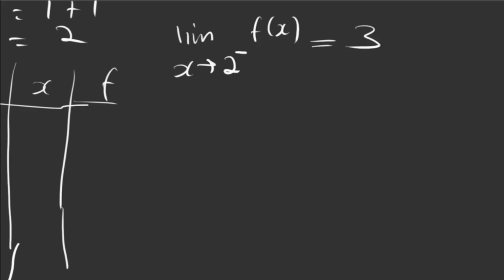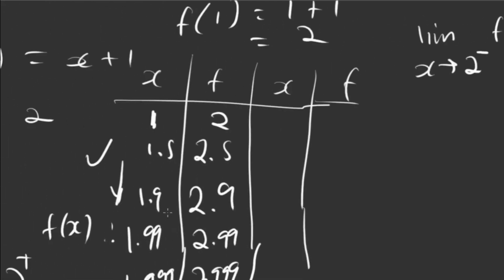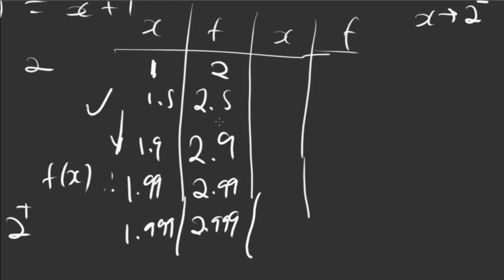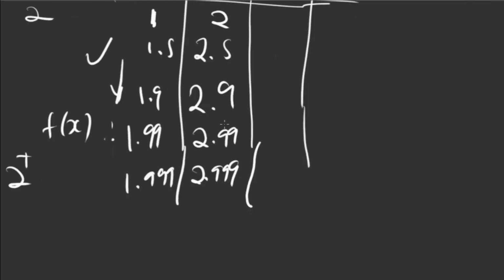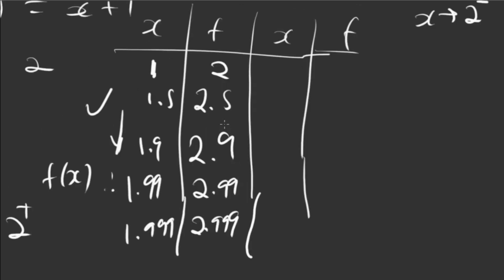Now let's see the other one. As you are moving from above going to 2, let's just take 3. When x is equal to 3, what would be y? f of 3 is equal to 3 plus 1, so it's 4.